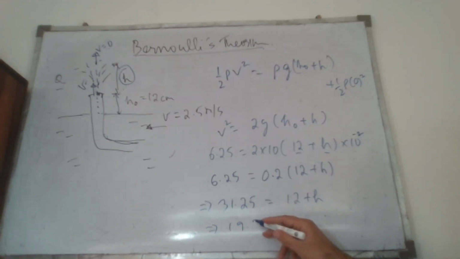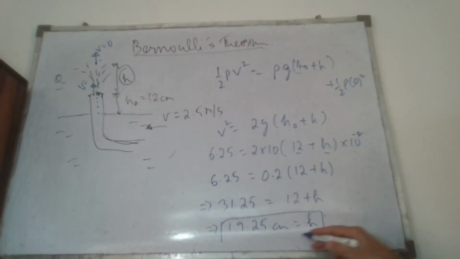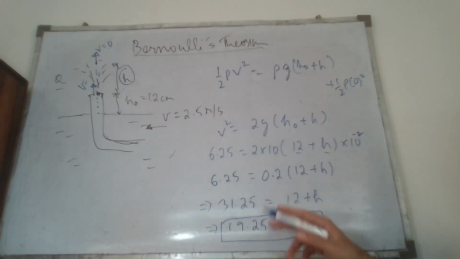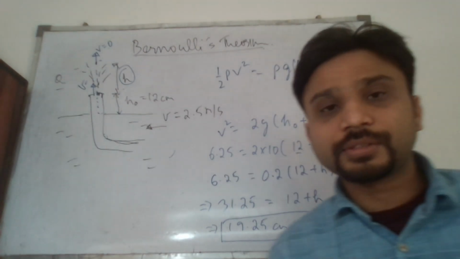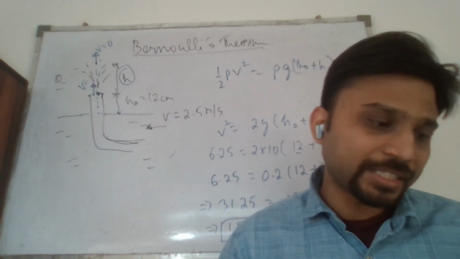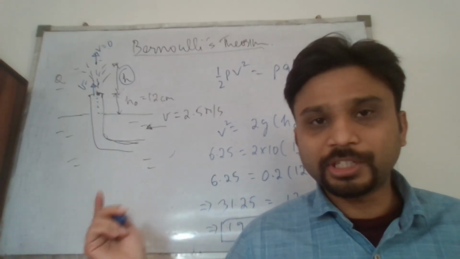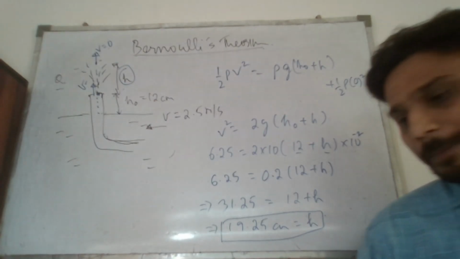This is 19.25 centimeter height. So this is the height up till which the water will rise in this particular tube. The maximum height to which the water can spurt above the orifice, that would be 19.25.